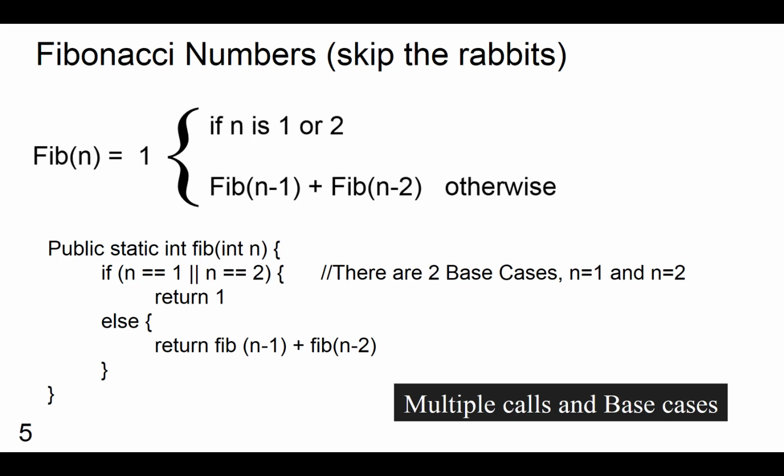So if n is smaller than or equal to 2, return 1, else return FIB n minus 1 plus FIB n minus 2. You can see each time the parameter will be decreased. Also, the Fibonacci recursive method has two recursive calls inside. That is called multiple recursion.